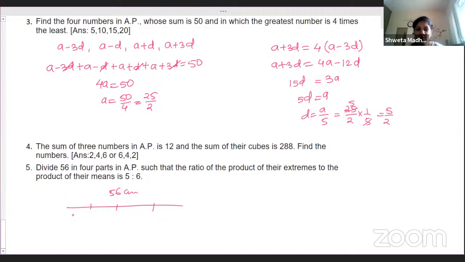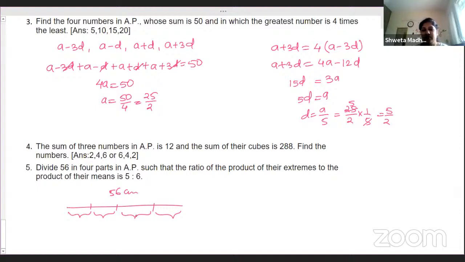We don't know whether they are equal or not. The sum of all these is 56. Instead of giving the sum of the 4 terms in AP as 56, they have said 56 is divided into 4 parts. Wordings changed, and students get confused here. So try to understand the wordings. Meaning remains the same.